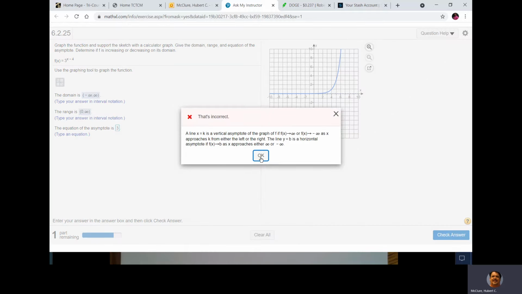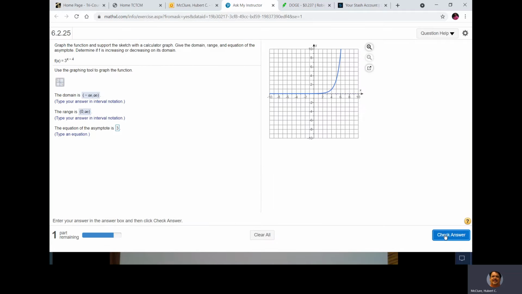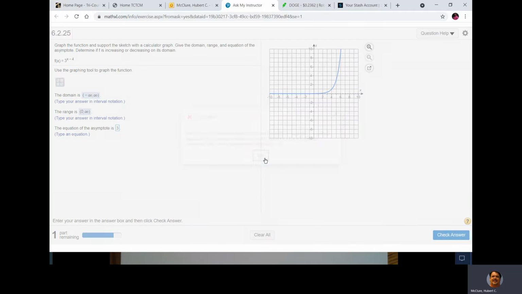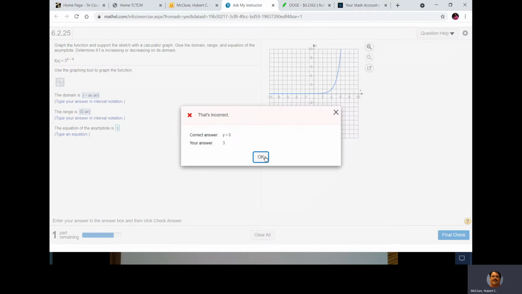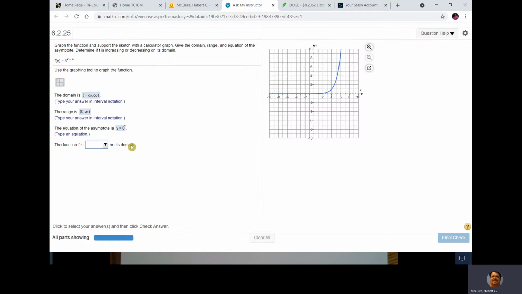A line, a vertical asymptote, I don't understand. y is equal to 0. That's the x-axis. We said that with the range, 0 to infinity.